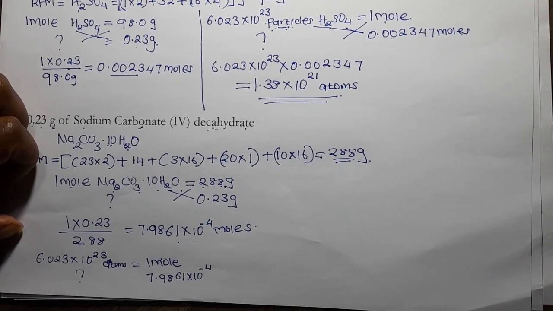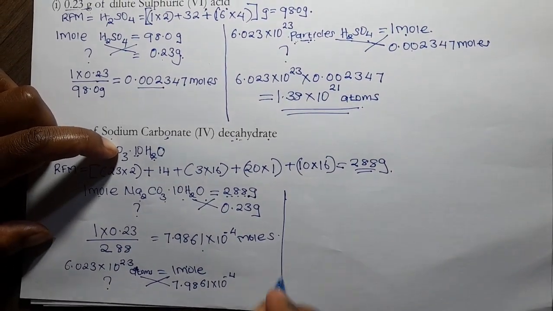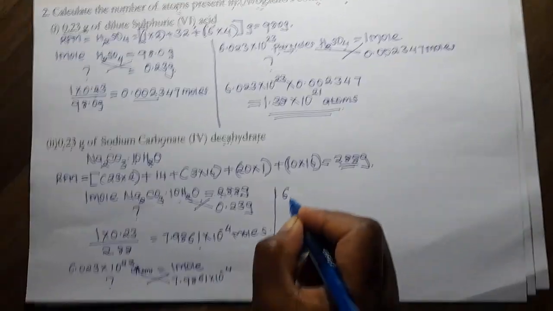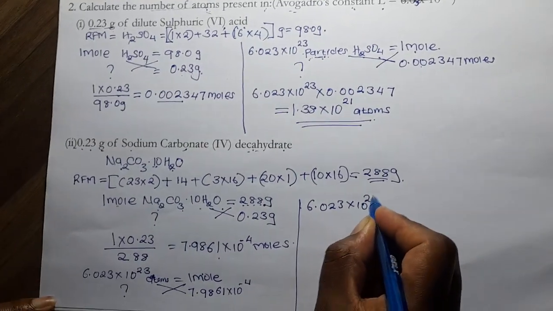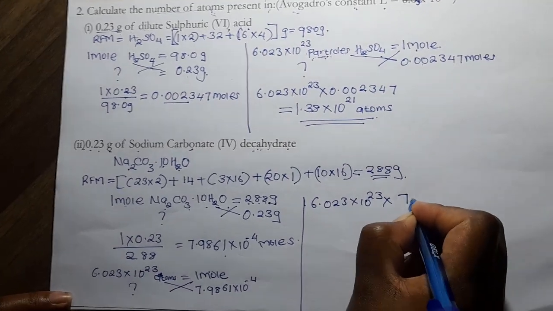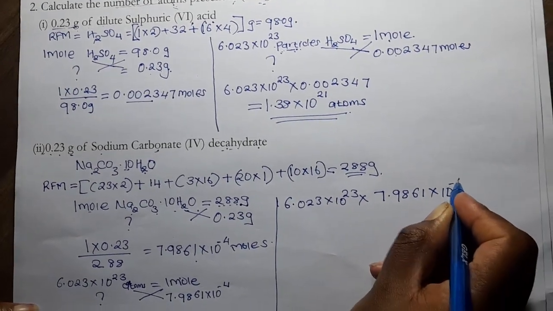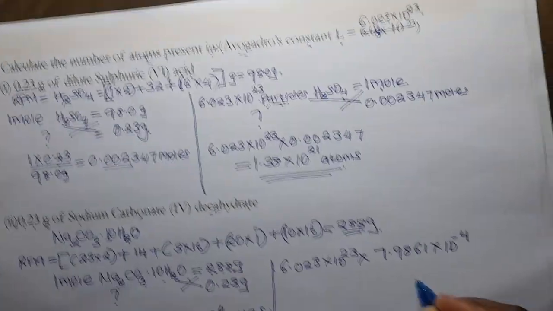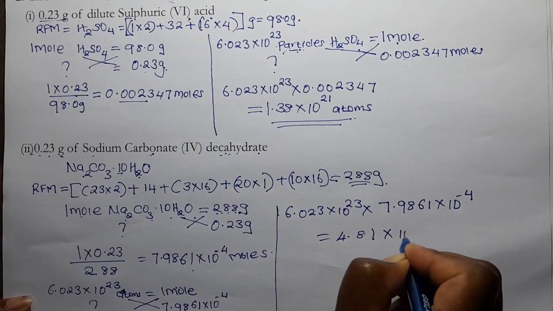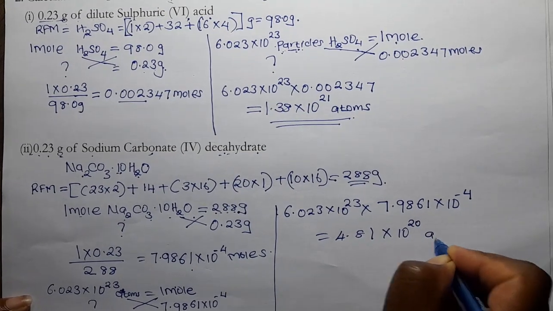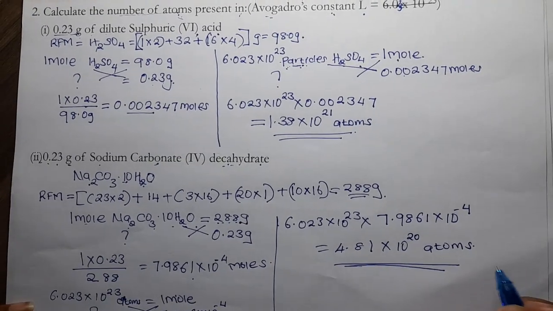We are finding now the number of atoms. So we cross multiply here. So we are going to have 6.023 times 10 raised to power 23 multiplied by 7.9861 multiplied by 10 raised to the power negative 4, and this one gives us 4.81 multiplied by 10 raised to the power 20, and these are the number of atoms of sodium carbonate decahydrate.